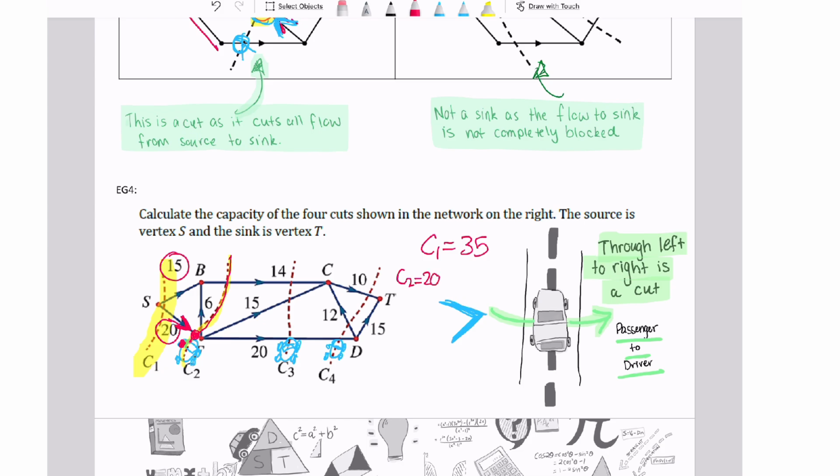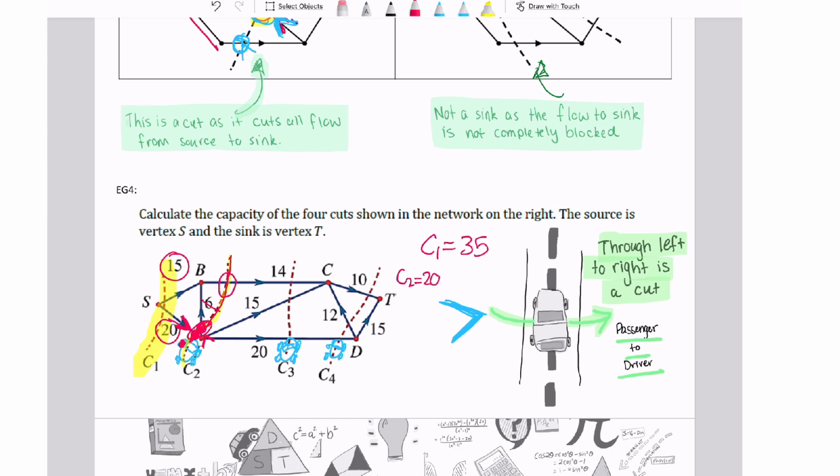The next line it passes through, my car traveling up here, it would be passing through this line here. But this time, my car is here. That line would be passing through my driver door. So I'm not going to count the 6, because the arrow is pointing through the wrong door.